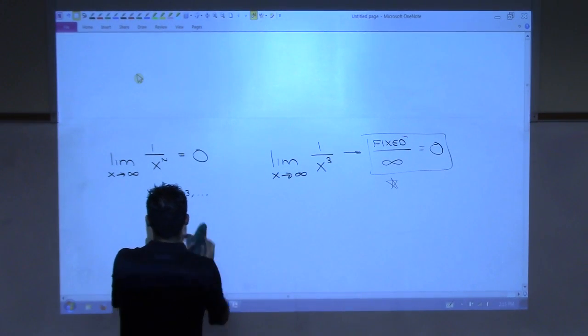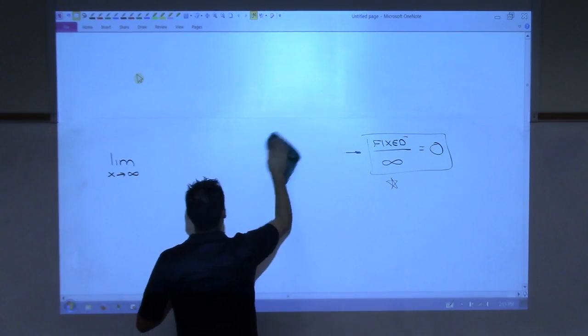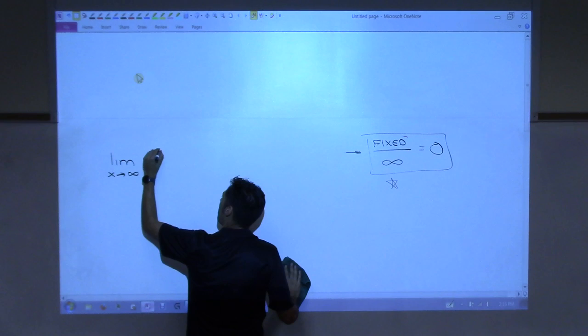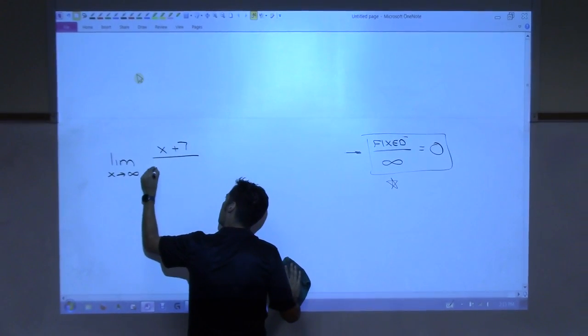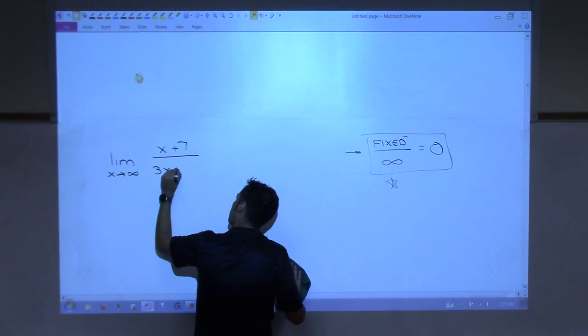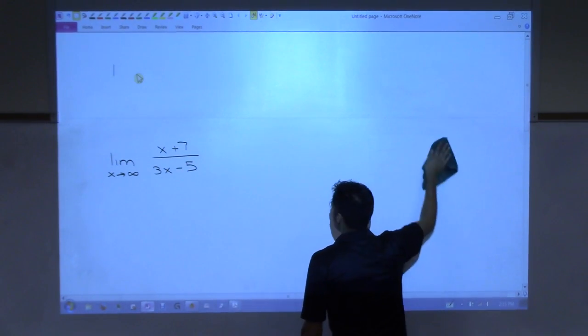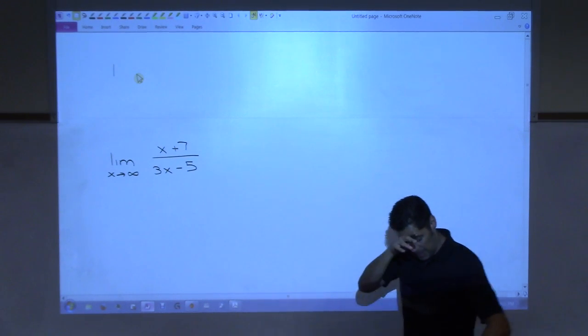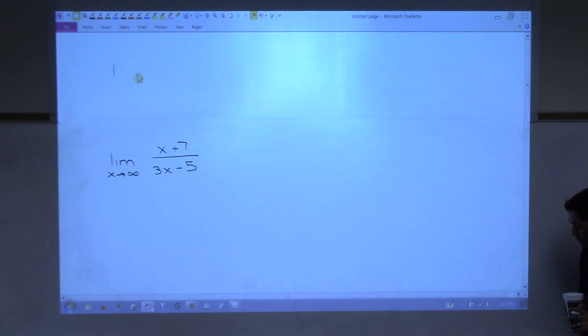And now we can do a more interesting problem. Something like this. What's the limit as x goes to infinity of x plus 7 over 3x minus 5?